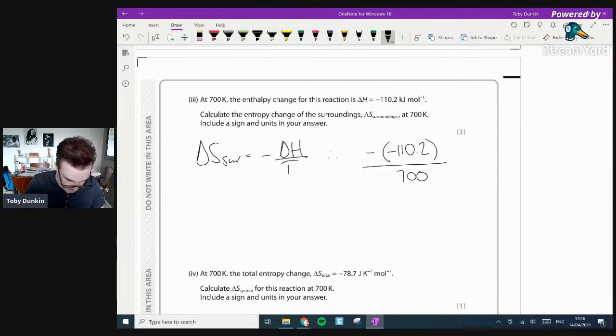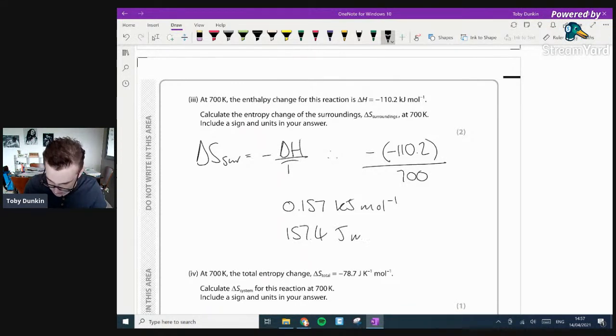Minus brackets minus 110.2, close brackets, divided by 700. All very easy so far. Gives me, now this is in kilojoules per mole, 0.157 kilojoules per mole. I'm going to convert that to joules, times it by 1,000, because I can see where this is going. 157.4 joules per mole.